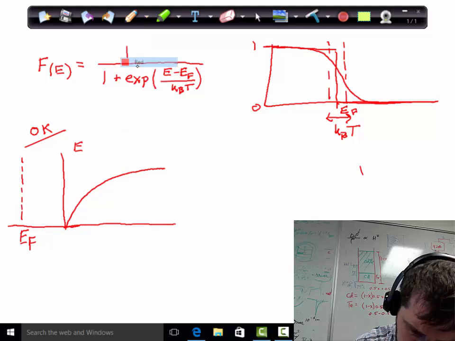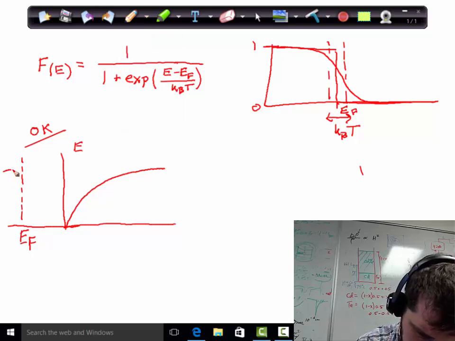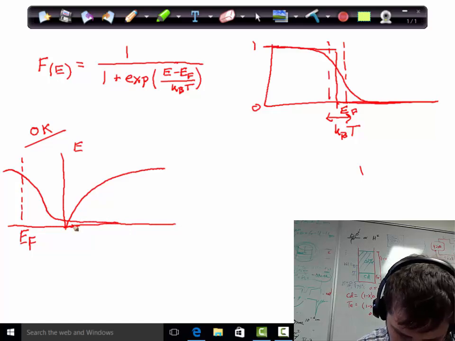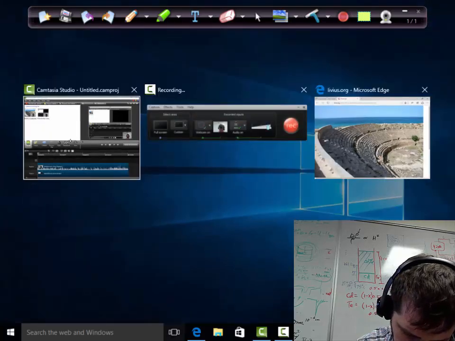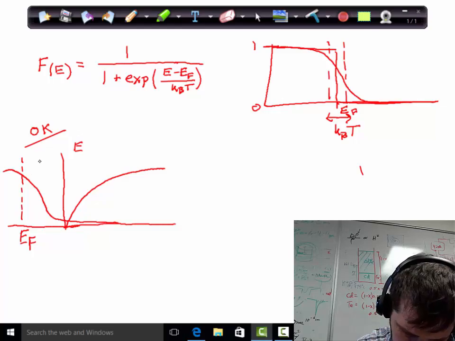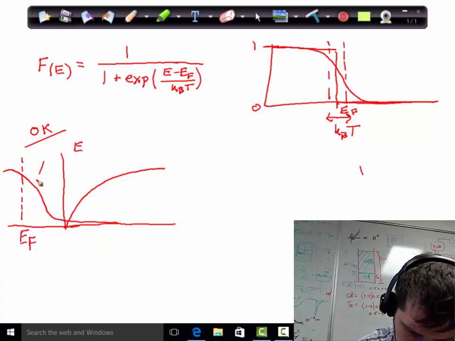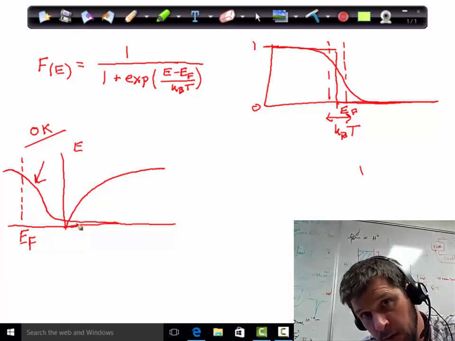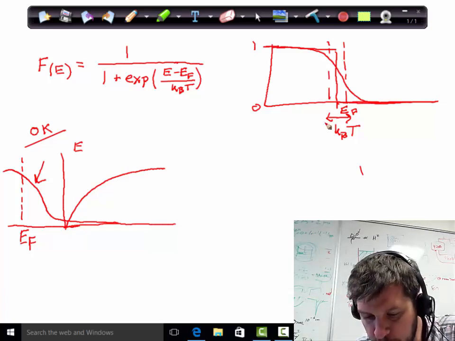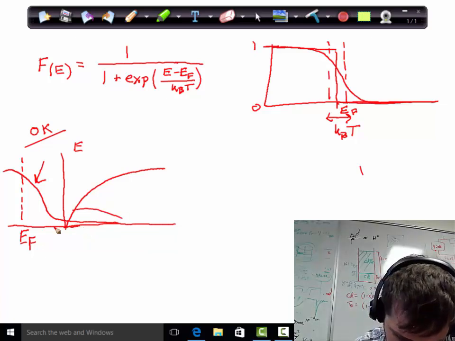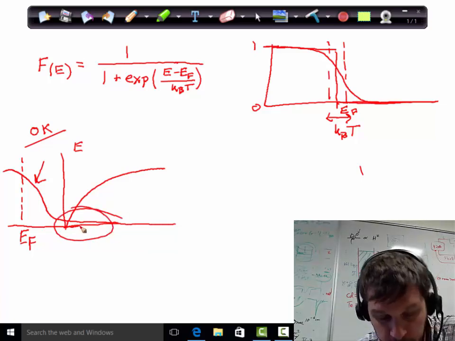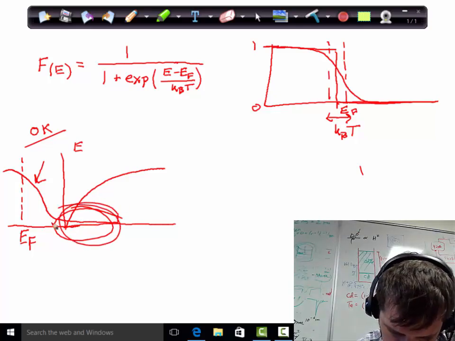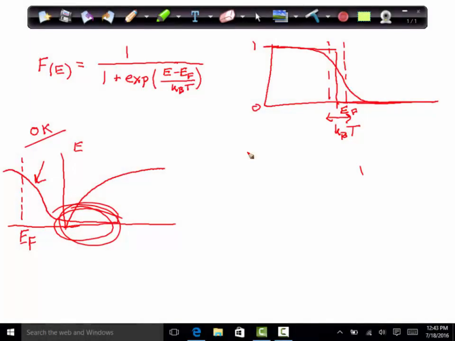So here's our Fermi-Dirac function, and because it falls off exponentially quickly, there's just this little exponential tail of population of the conduction band. So we're going to blow this up and look at it more closely over here.